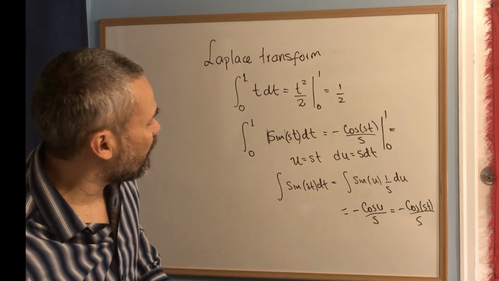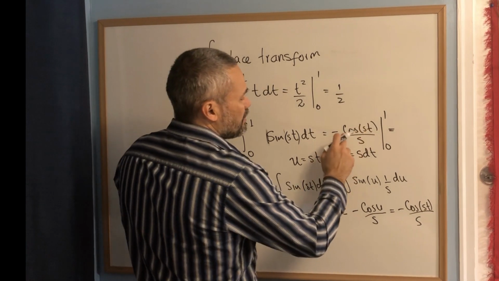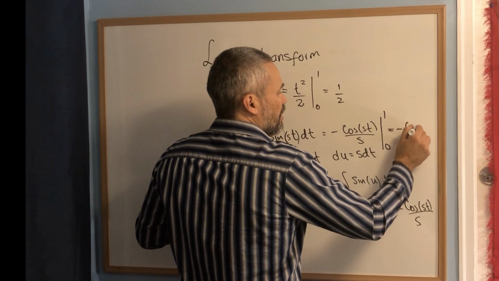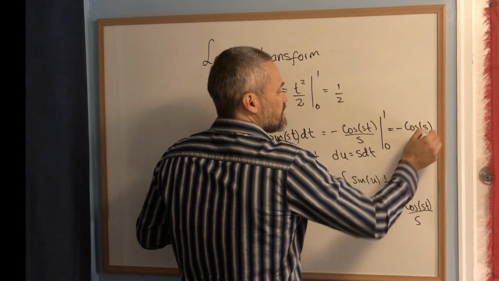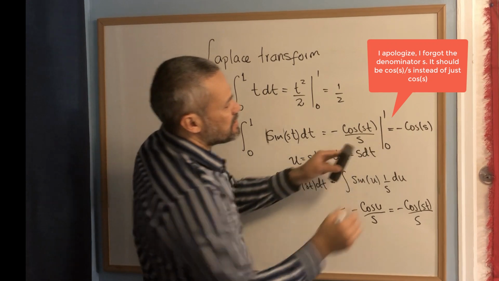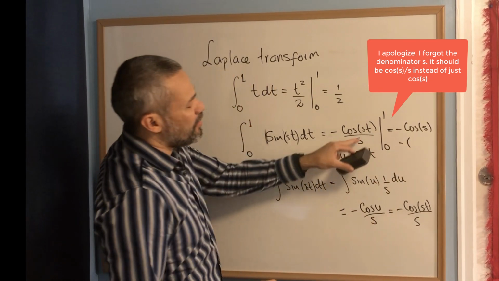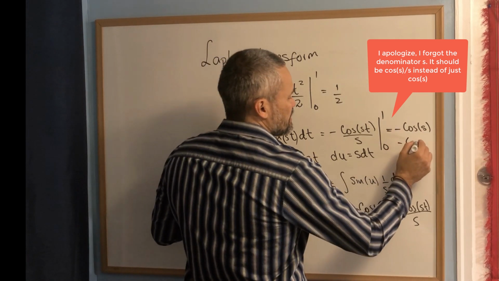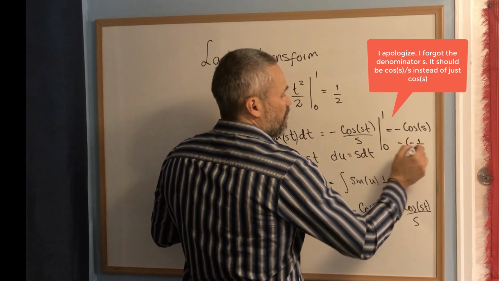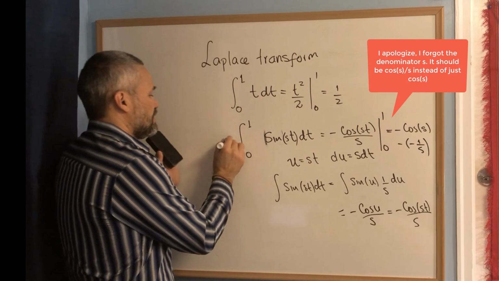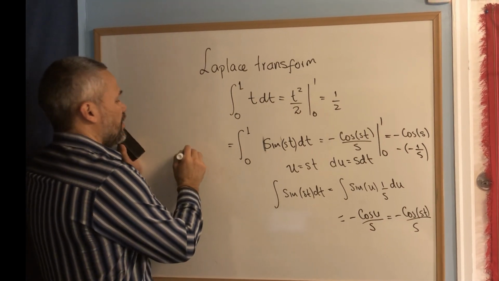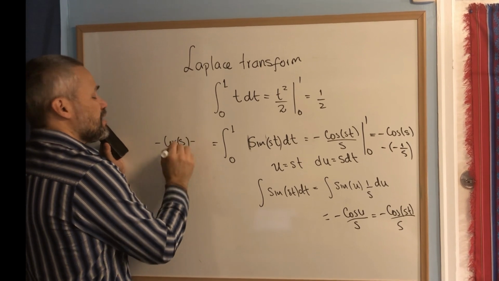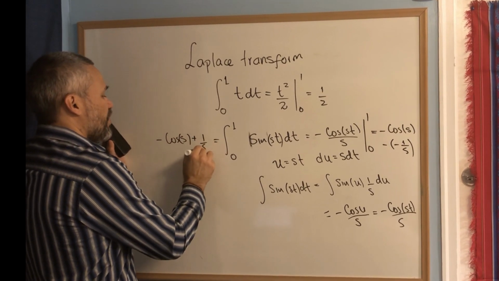When we evaluate at t equal 1, we get negative cosine of s over s. And when we evaluate at 0, cosine of 0 is 1, then it's just negative 1 over s. That means that this is negative cosine of s over s plus 1 over s.